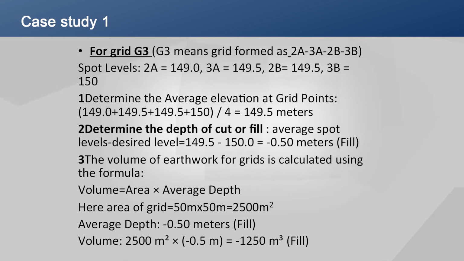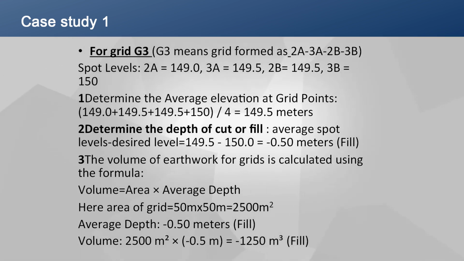Now, the next thing we are supposed to calculate is the determination of depth of cutting or depth of filling. We know the formula: depth of cut or fill is average spot level minus desired level. Here average spot level is 149.5 meter and desired level is 150 meter. So, we will get depth of fill as minus 0.5 meter.